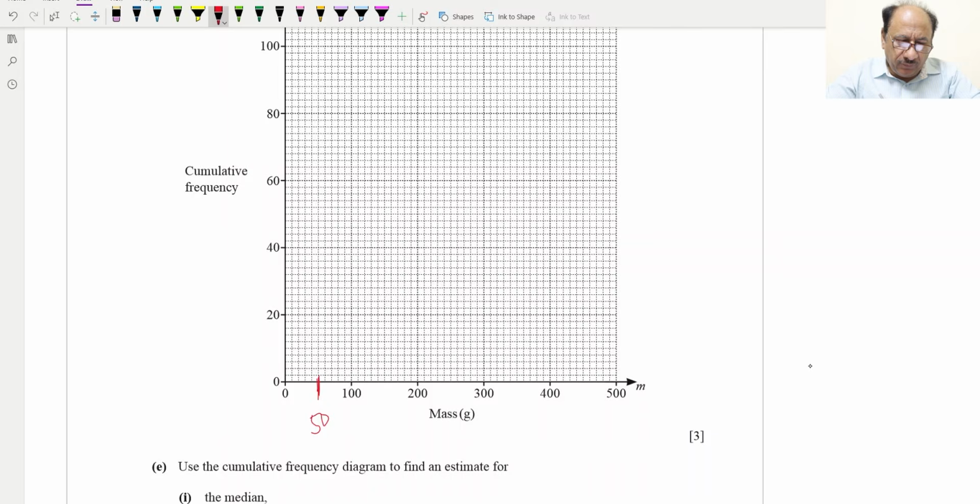We can take 41 2 3, so 43 will be in the middle. Basically it is 40, so 50 will be in the middle. We require 43, so it will be roughly somewhere here. So this is 43.